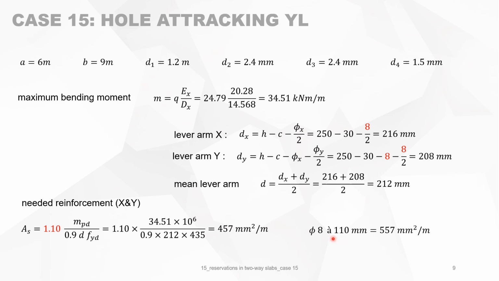It's quite small. So maybe it's better to use a bigger diameter. So we redo the calculations. We take diameter 10. We recalculate the mean lever arm, which is 210 now. We calculate the needed reinforcement, 462. And you see diameter 10 every 170 will also be fine.